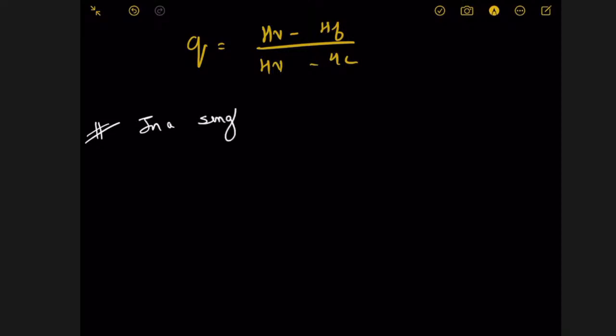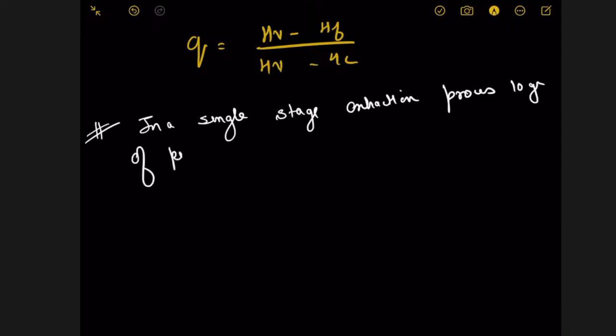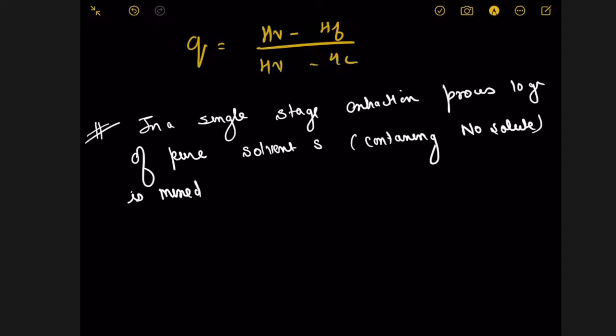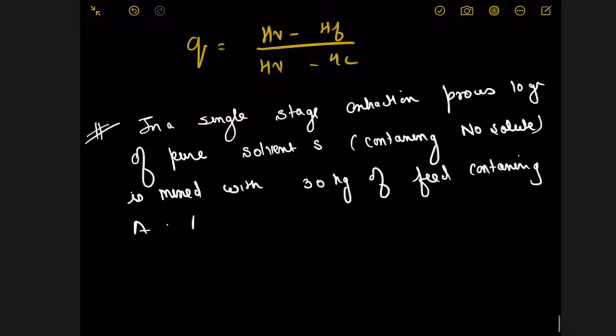In a single stage extraction process, 10 kg of pure solvent S containing no solute is mixed with 30 kg of feed containing A at a mass fraction of XF equals 0.2.